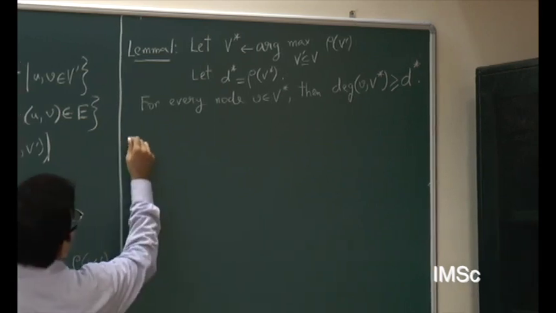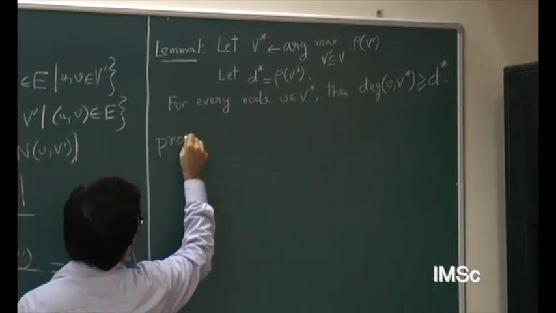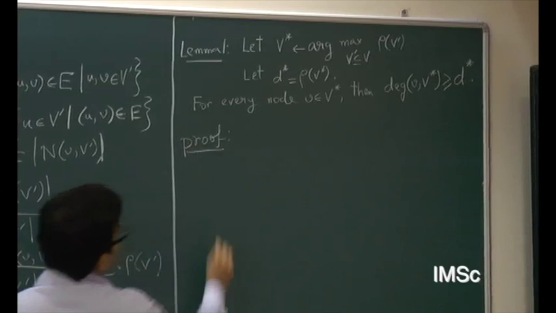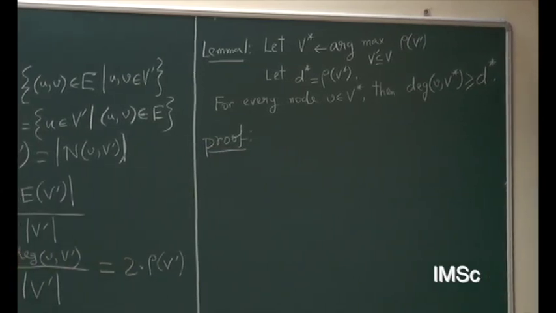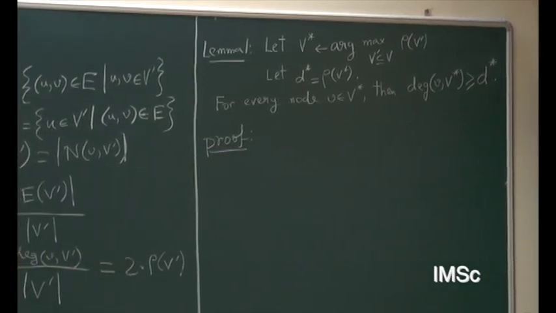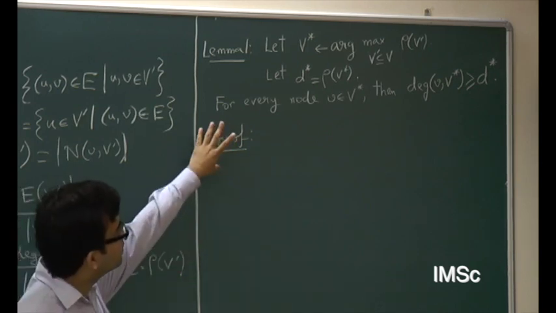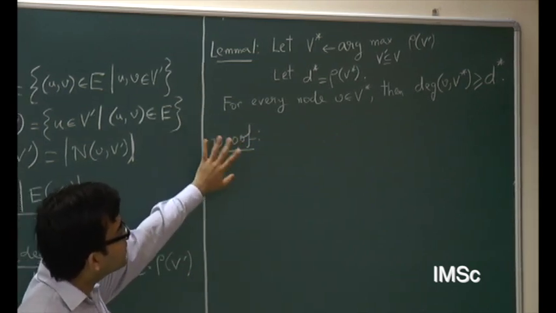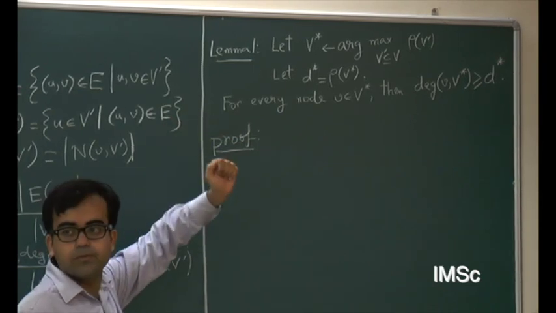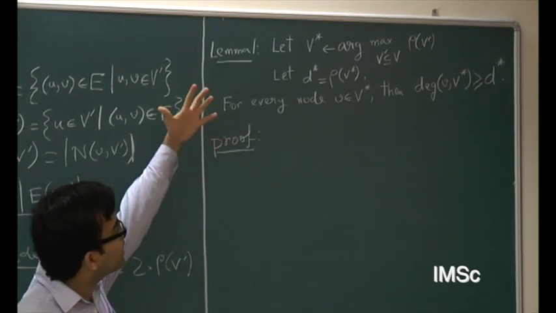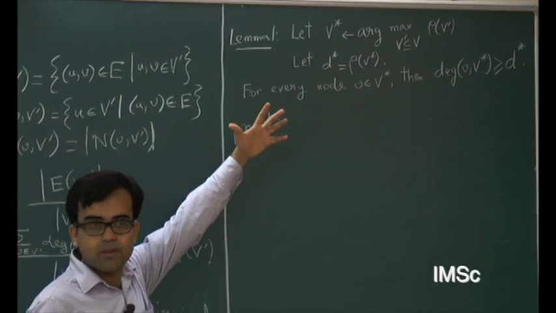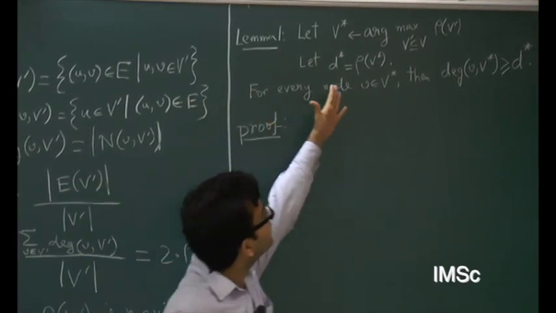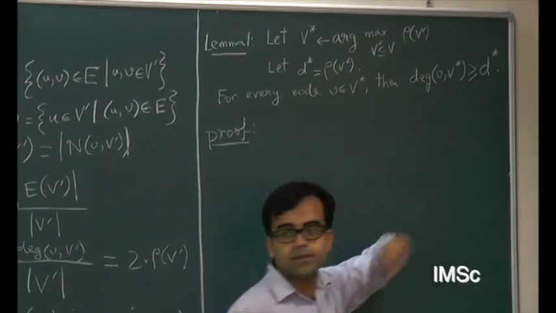Now, before getting into the proof of this lemma, let us try to have some intuition. Any idea how we should proceed with the proof? It says if you just look at the densest subgraph, every node has degree in that subgraph at least D star.